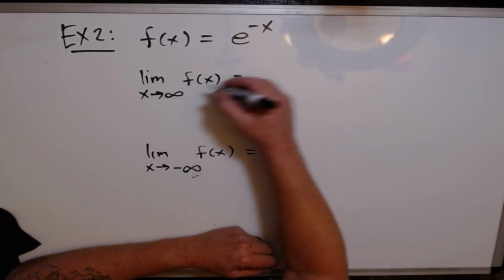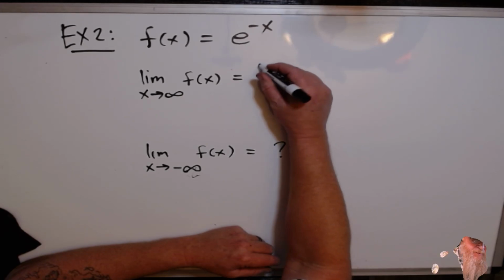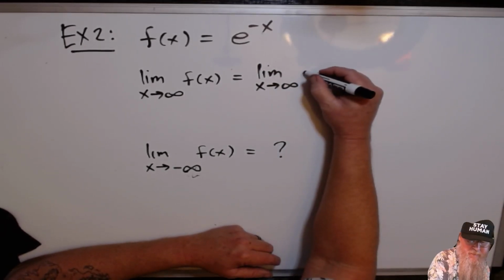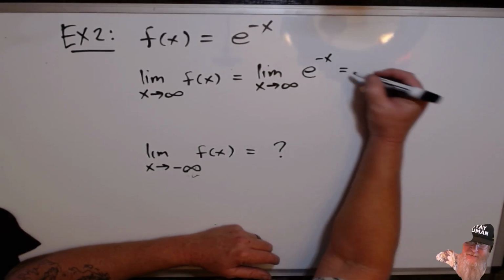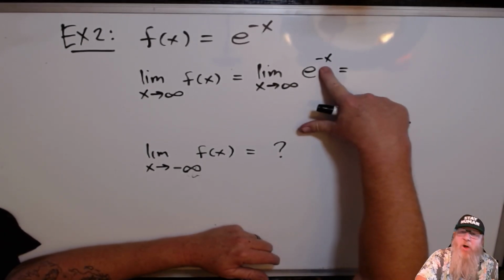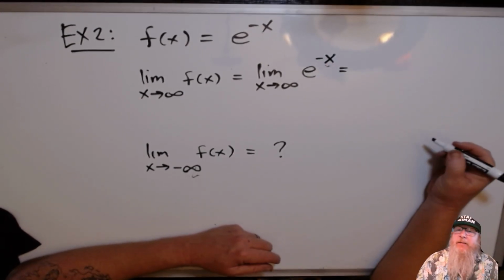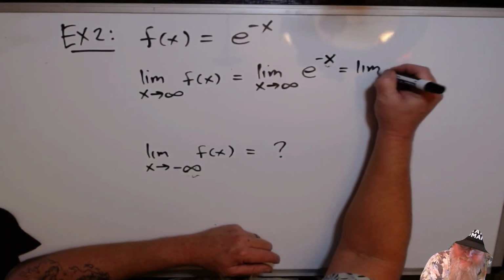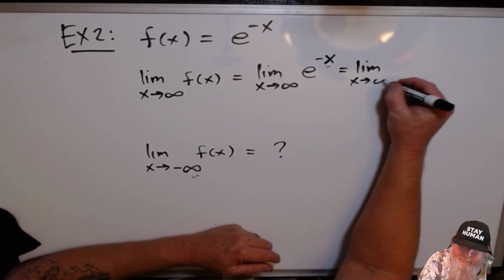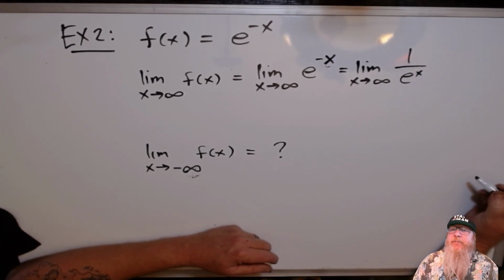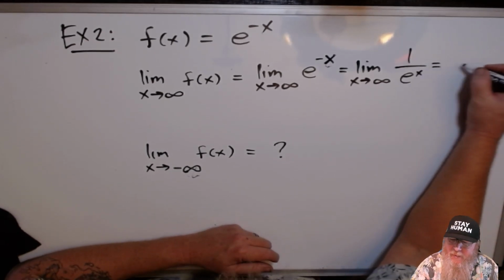So we have the limit as x goes to infinity of e to the negative x. Now this one's already negative x. All right, so I'm going to rewrite it as 1 over e to the x. Well, that's equal to 0.